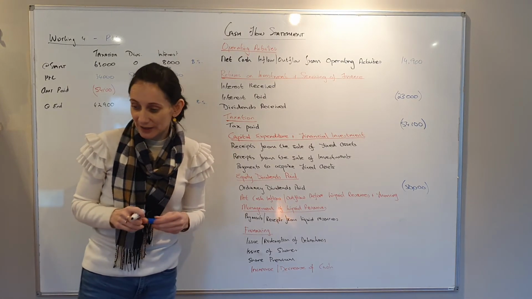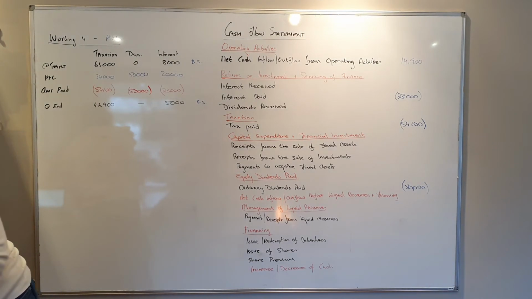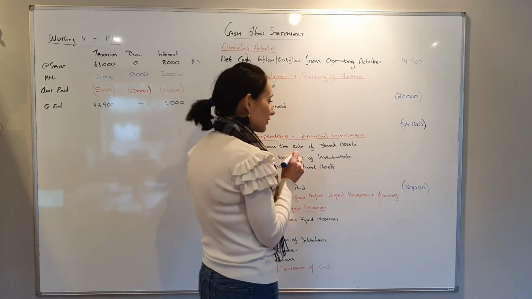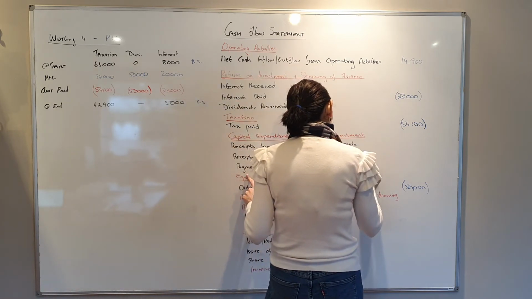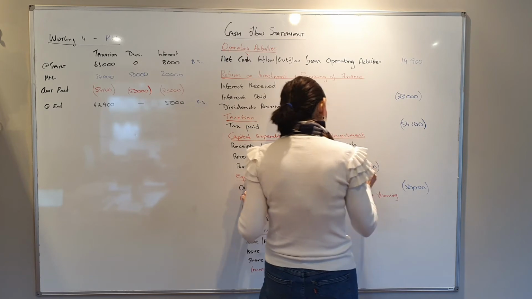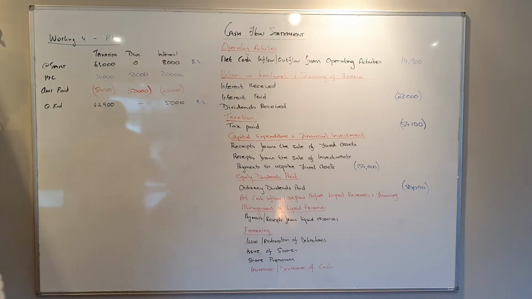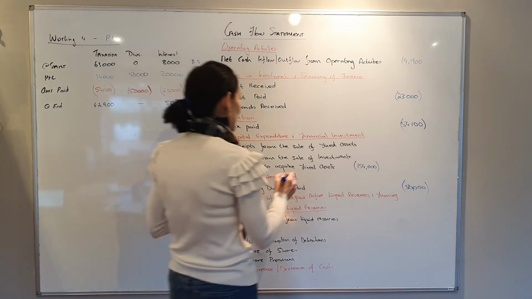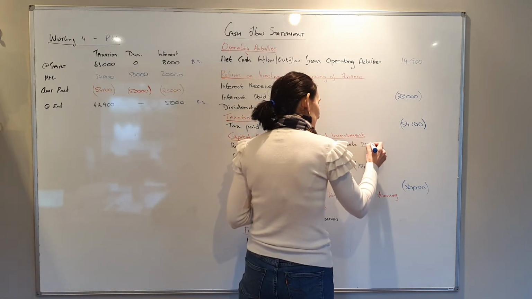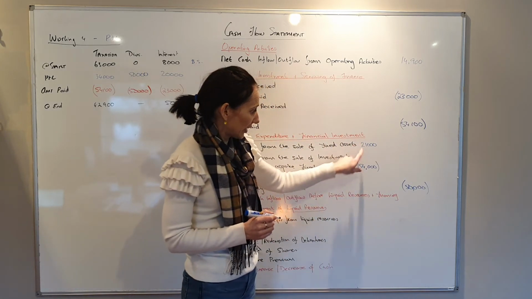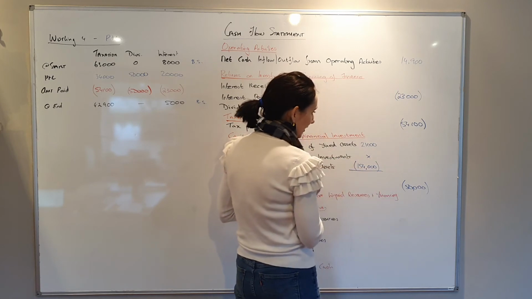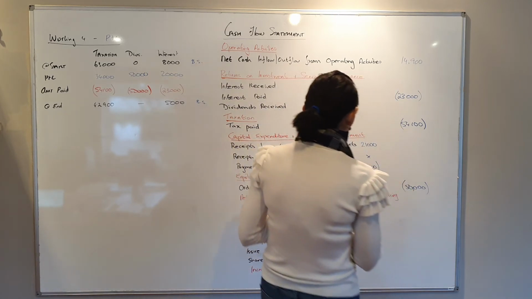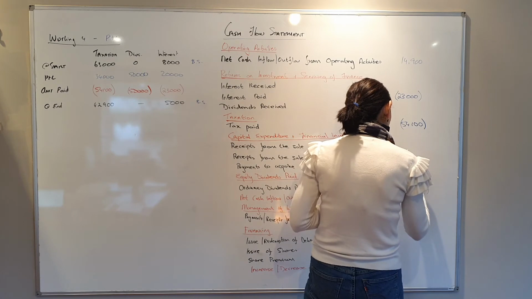Now if you looked at the question, I think it was your buildings went up, so you had payments to acquire fixed assets of 154,000 you spent, and then in your adjustment on your equipment, it said that you got 21,000 from the receipt of equipment. So you made 21,000 and you spent 154,000. So in total here, that's 133,000 being spent in total.